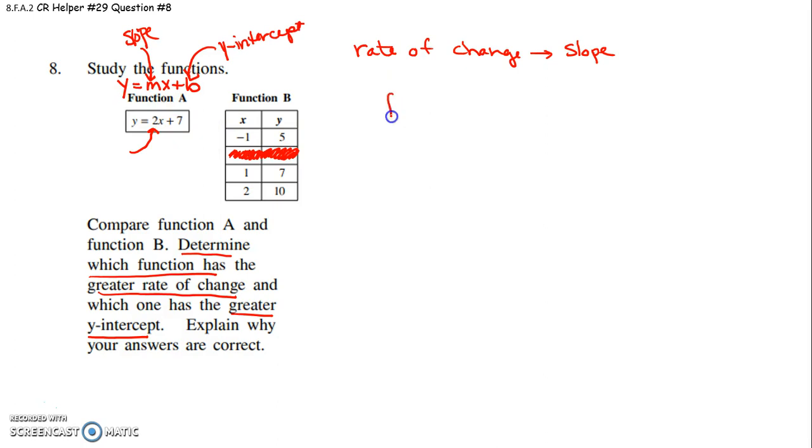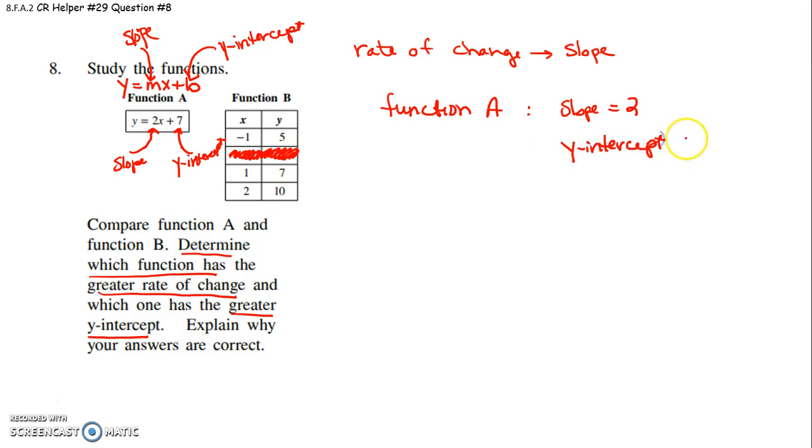So for function A, I already know my slope is 2 and my y-intercept is 7. If they give you the equation for function A, you already know the slope is 2 and the y-intercept is 7. All right, so now let's figure it out for function B.